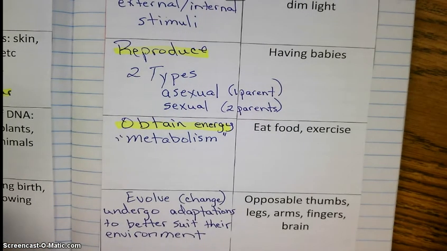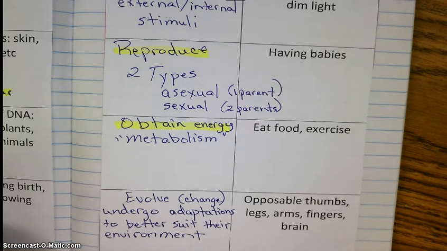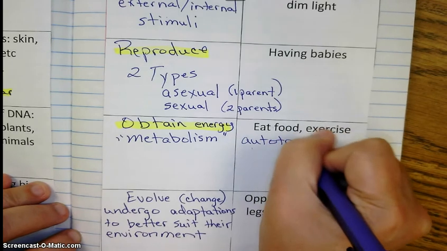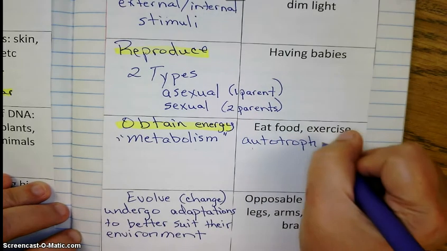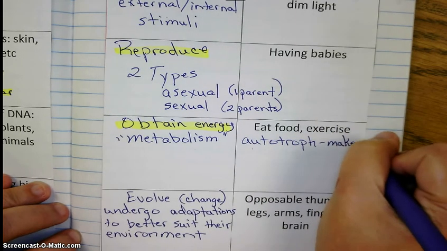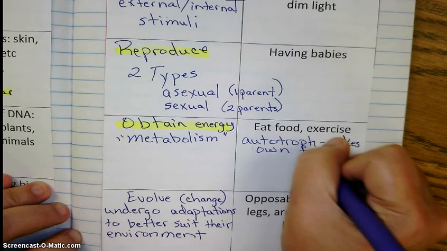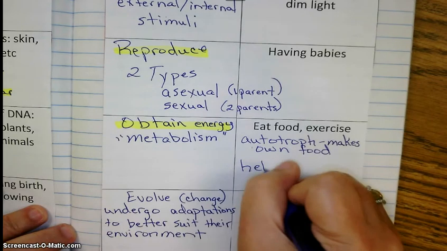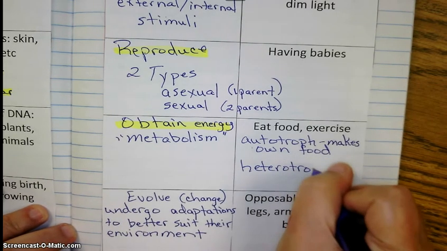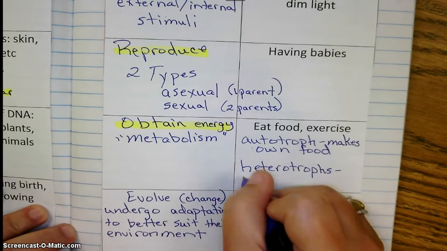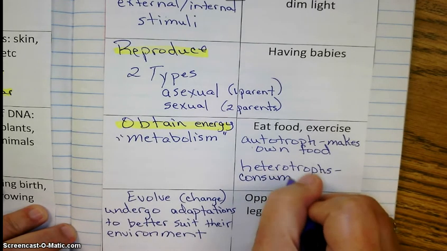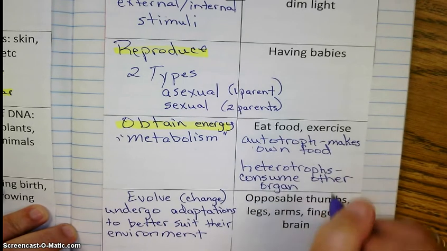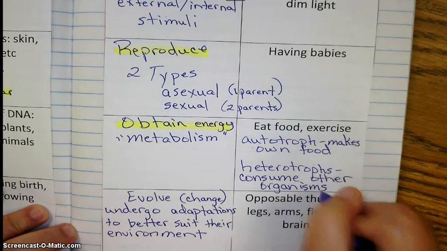how an organism obtains energy is a classification, so we're going to add the word autotroph and heterotroph. Now, an autotroph makes its own food, and that process is called photosynthesis. And then heterotrophs, of course, like us, have to consume other organisms in order to get energy.